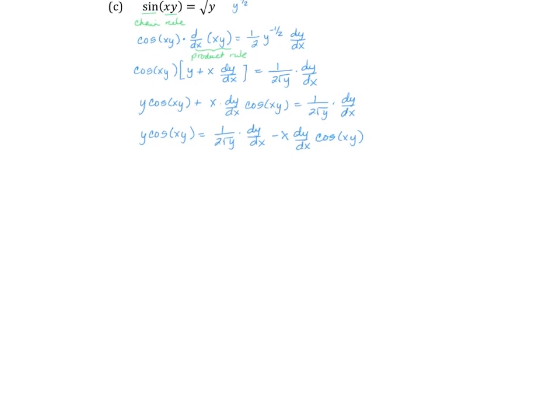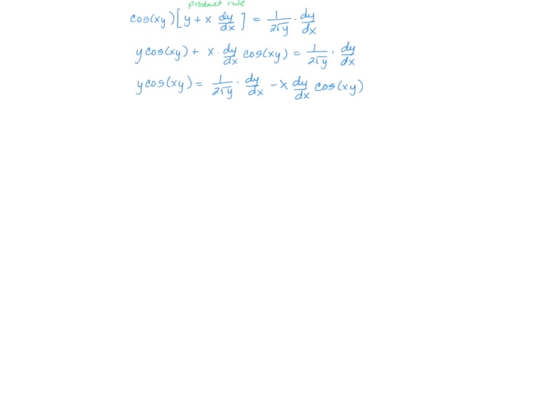All right, so on the right hand side, factor out the dy dx. And what's left over in parentheses would be 1 over 2 times the square root of y minus x cosine of x times y. So to get the dy dx by itself, I'm going to divide by that hot mess.